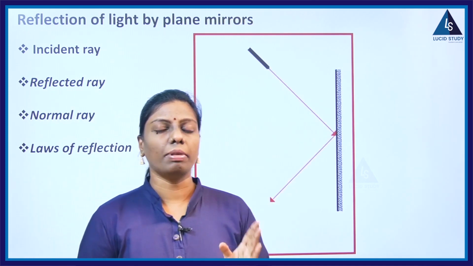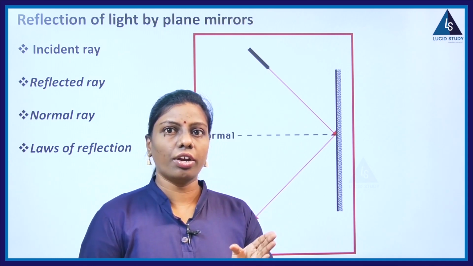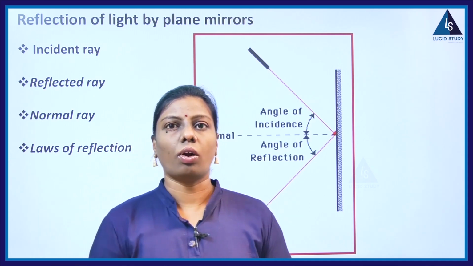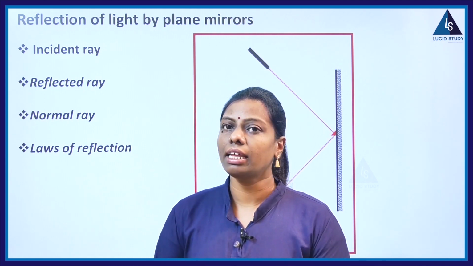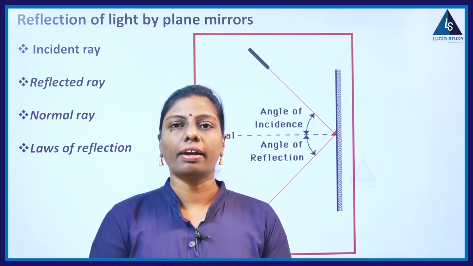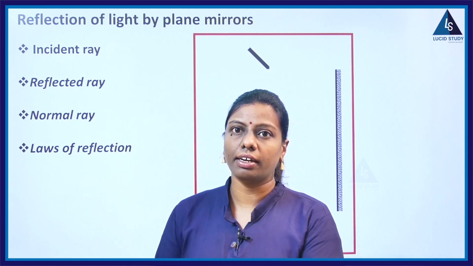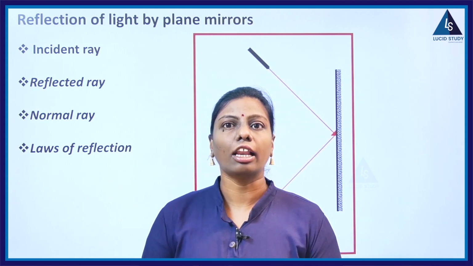The angle between the incident ray and the normal ray is called the angle of incidence. The angle between the normal ray and the reflected ray is called the angle of reflection. Do you have a doubt why we are discussing this? These are the prerequisites which you should know to enter into the topic.